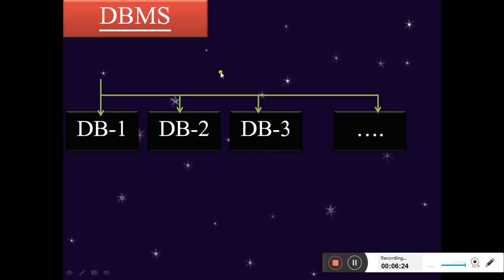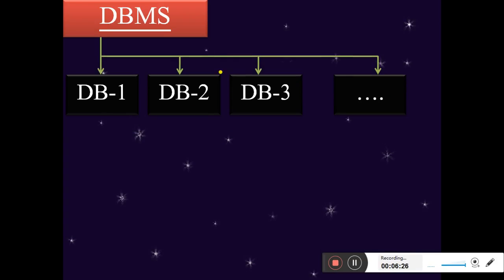In one database management system you can create multiple databases, for example database 1, database 2, database 3 and so on. So DBMS is a software in which you can create multiple databases. Got it?